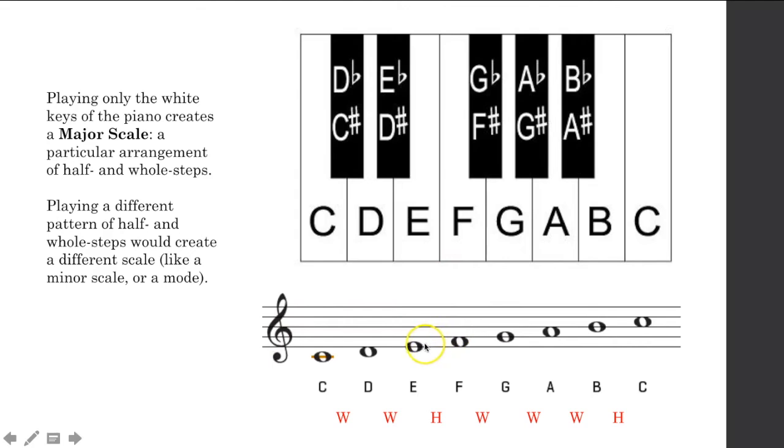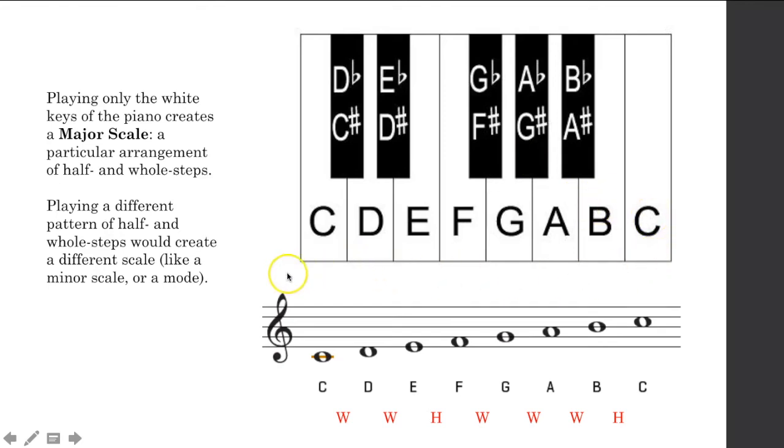If we lower certain notes, such as the E here, or the A to the A flat, you change the position of the half steps, and we end up with something like do, re, mi, fa, sol, la, ti, do.